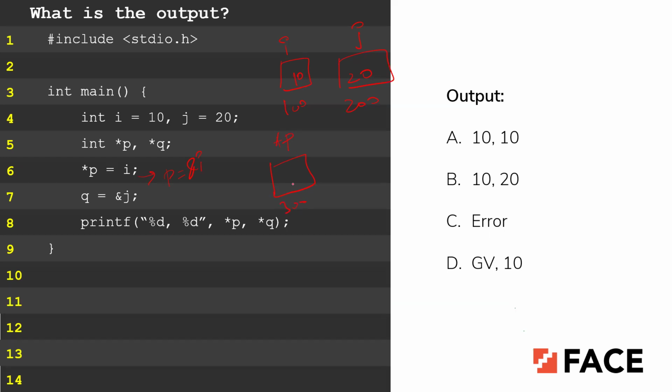Let's say in 300, 100 is stored. And then Q equal to ampersand J. So in Q we are storing 200. Assume this is 400. They're asking star P and star Q, that is 10 comma 20. Understood this? It's not an error, it's fine. Correct only.